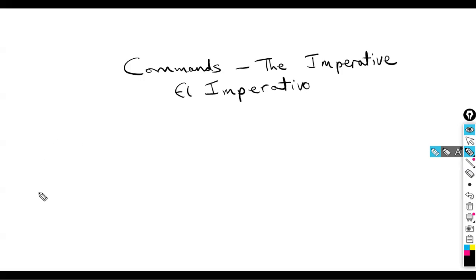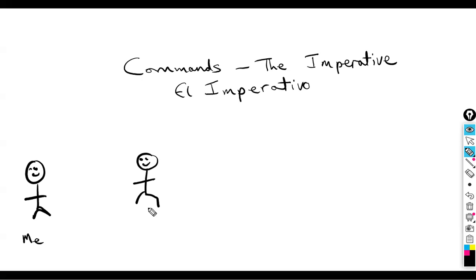This is us over here, this is me. If I'm talking to my friend, mi amigo, I would use the tú command, the informal command.